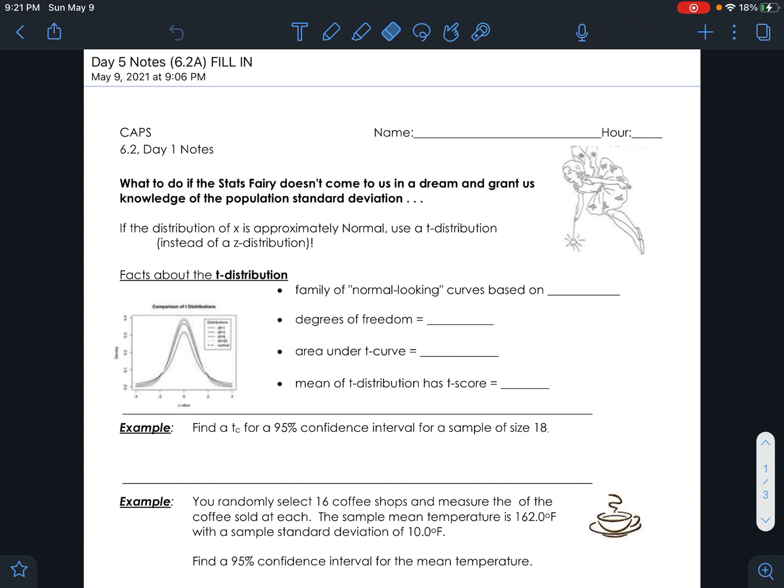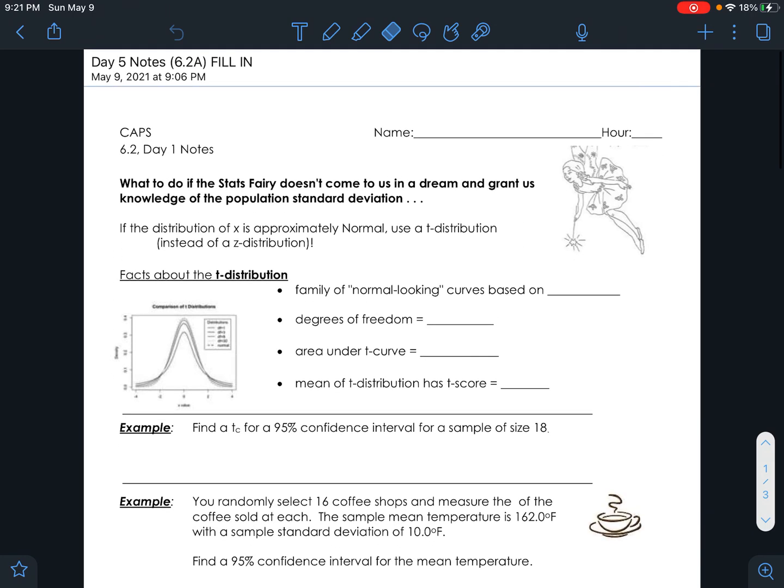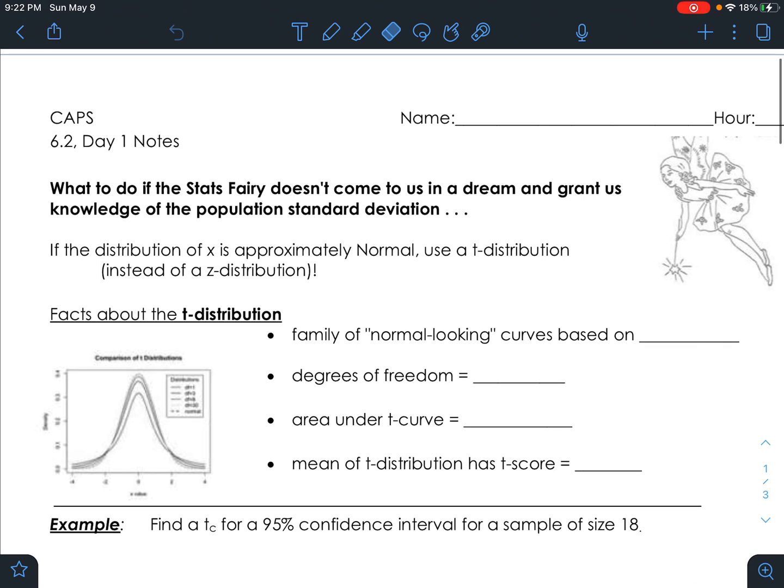We've been using z-distributions. We're going to look at a t-distribution in this lesson. Our aim here is to figure out the critical value for t, noted t sub c. That's our first example, and in our second example we'll actually build a confidence interval using a t-distribution. So first, what the heck is a t-distribution?